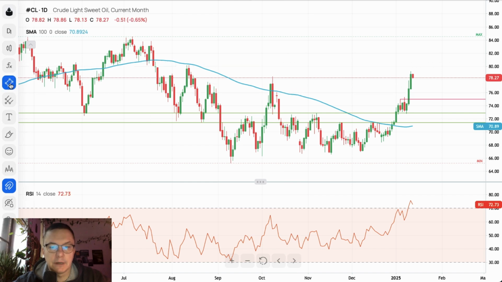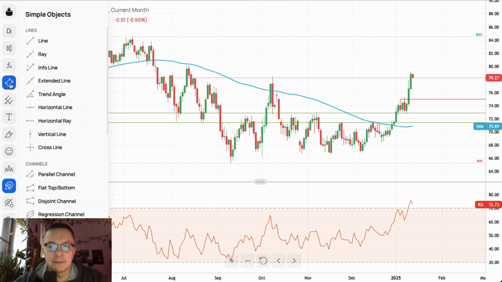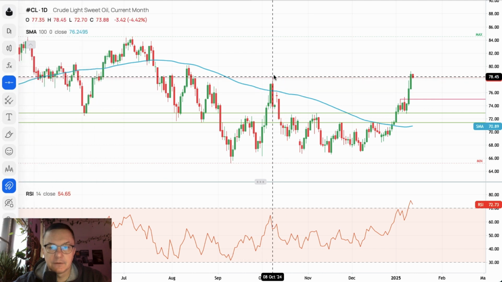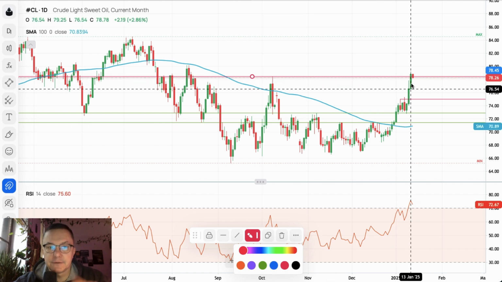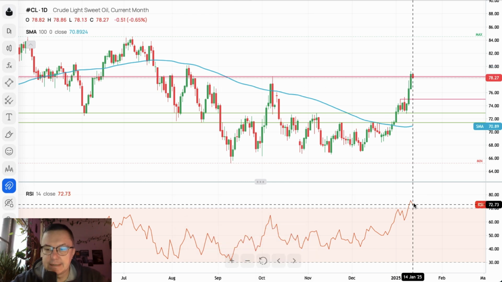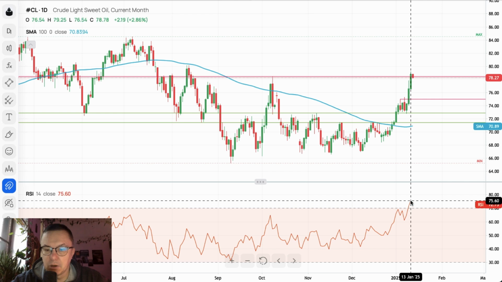crude oil. Now, as you can see, we finally broke above the level of the 72, and we hit the level of 78.45. This is the technical resistance. It was violated. Yesterday's high was at the level of 79.25. If we take a look at the RSI, we can clearly see that the market has hit the extremely overbought conditions.